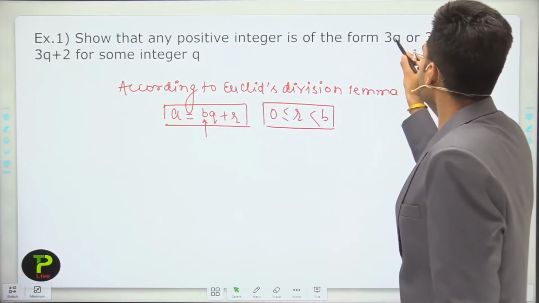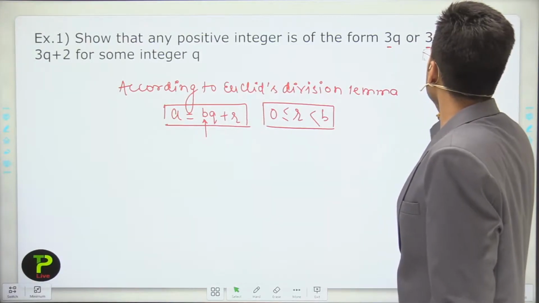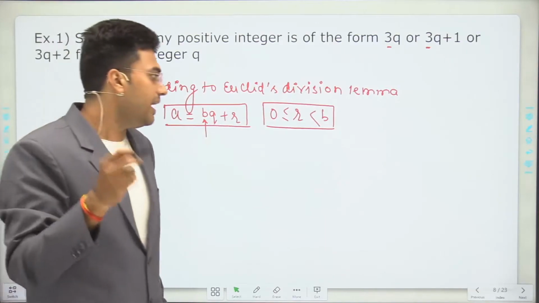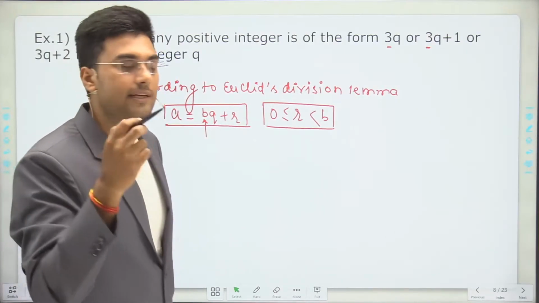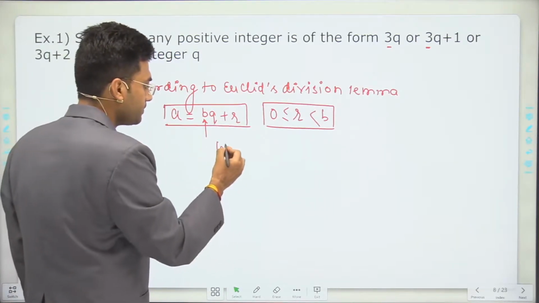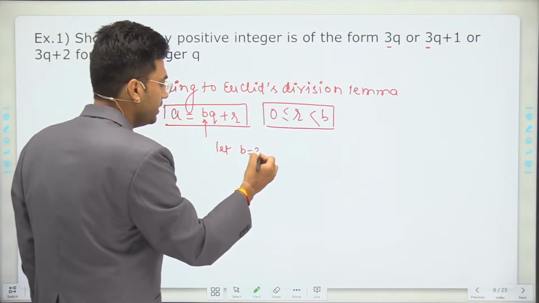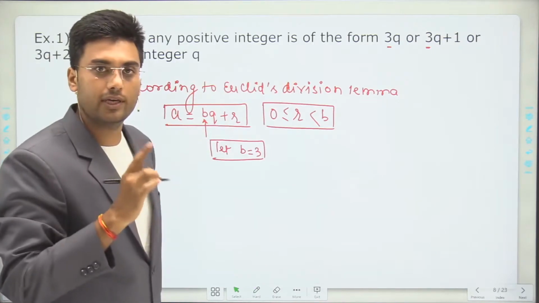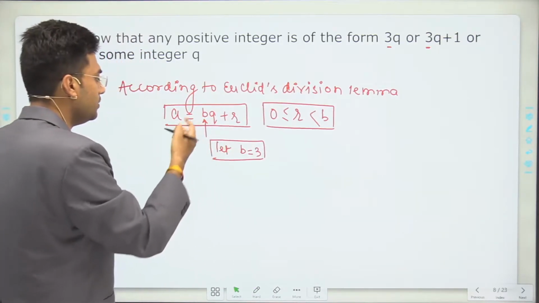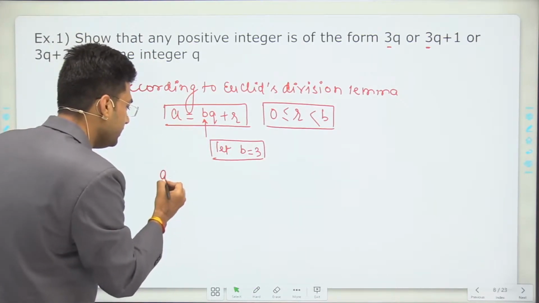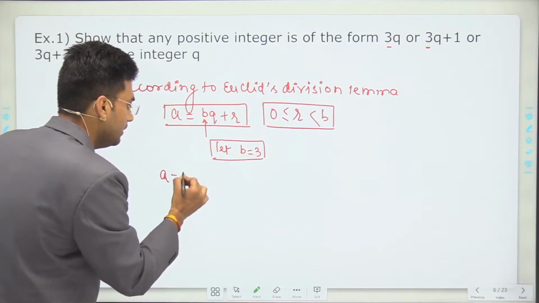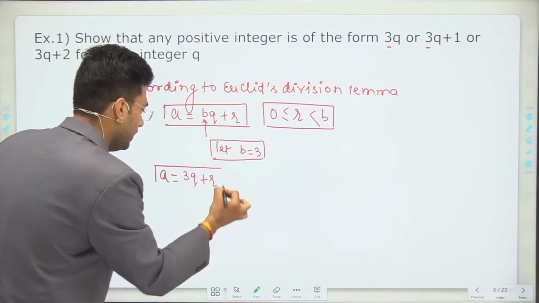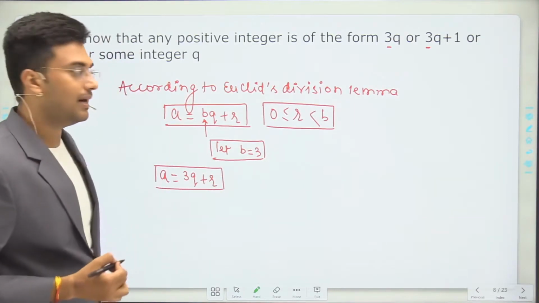In the question it is given 3q plus 1 or 3q plus 2. So here we have to choose b is equal to 3. Let b is equal to 3. We choose b is equal to 3 according to the question. Okay. Now, when we take b is equal to 3, a can be written in the form of 3q plus r. A is equal to 3q plus r, and a is what?